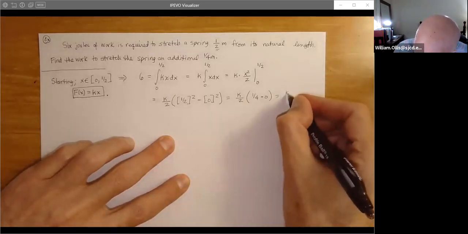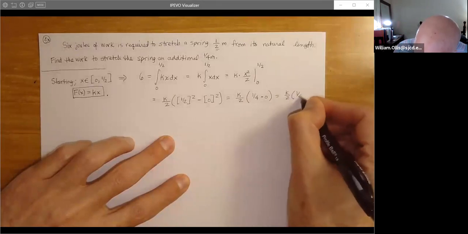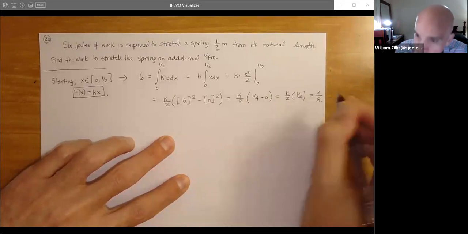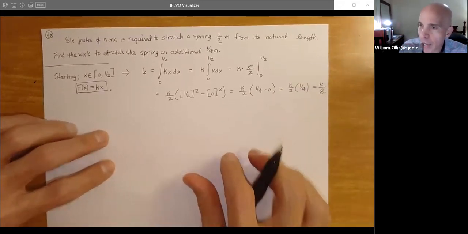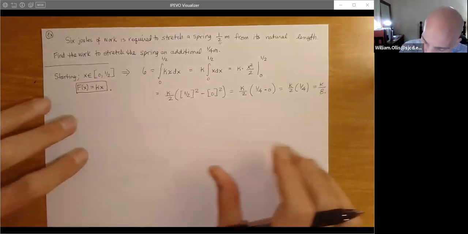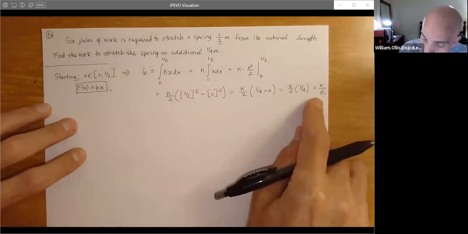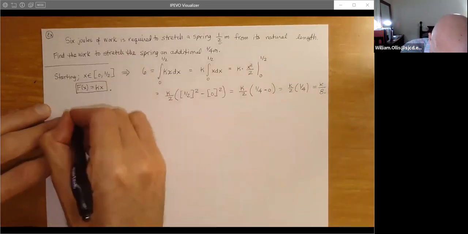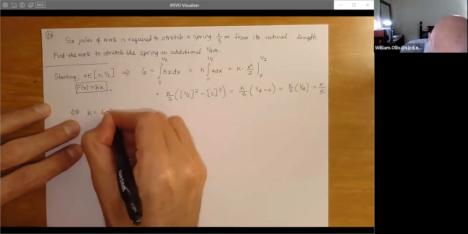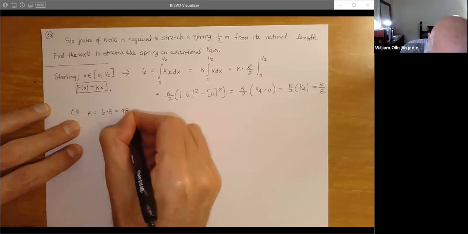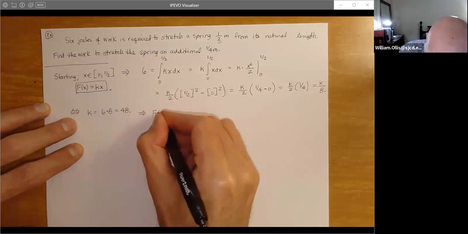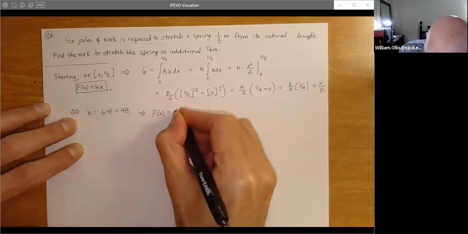So we've got K over 2 times 1/4, which is K over 8. Again, very straightforward, but in every instance that we work, it's an important part, right? So now we can solve easily for K by multiplication. So if and only if K is just 6 times 8 or 48. So now this implies that our force, variable force, is just 48x.